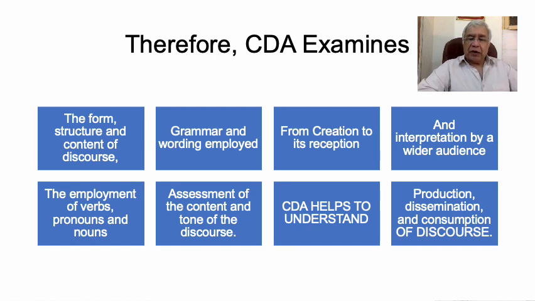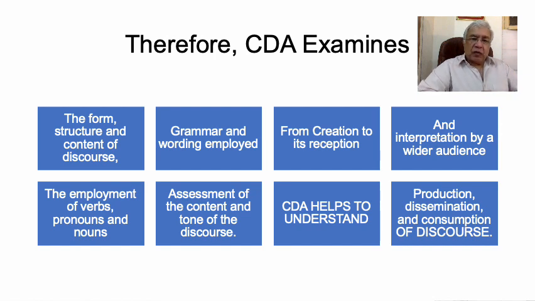CDA, therefore, on the basis of these things, goes on to examine the form, structure and content of discourse. So in order to analyze, one is required to go into the form, then into the structure and the content of the discourse. Grammar and words employed should also be seen, and how these are being used. Similarly, the creation and reception of the discourse is also to be seen: who creates it and who is going to receive it. When the interpretation is done on a wider level, what kind of interpretation is expected from the audience. Same is the case with the employment of verbs, pronouns and nouns.